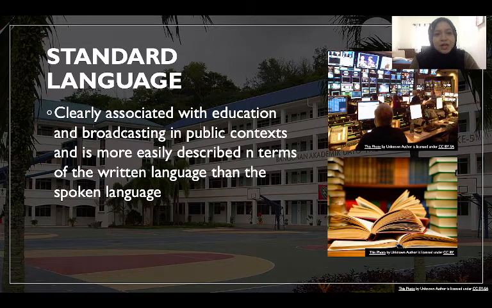So most of the time, standard language is recognized because of its systematic nature, and it's used in both written and spoken form, but most of the time in written form. So it's easier to identify standard language because of its systematic grammar, and also by the number of people who are using the language, hence standard language.